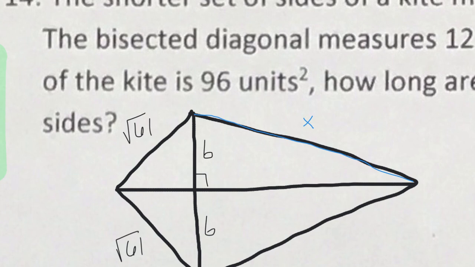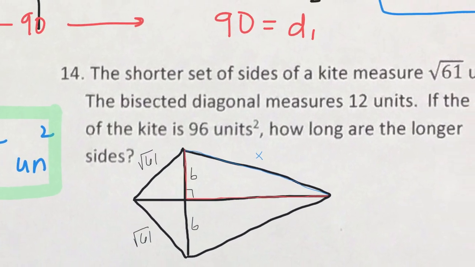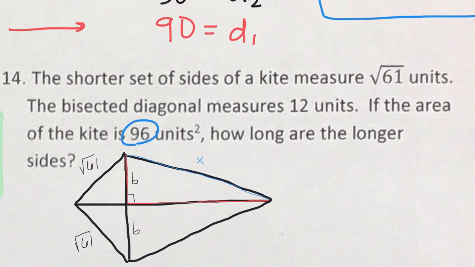So we would like to once again do Pythagoras. If we can know exactly what this much of our diagonal is, that would help us set up a Pythagorean theorem, and we can solve for x. So let's do that using the area. We know the area is 96.